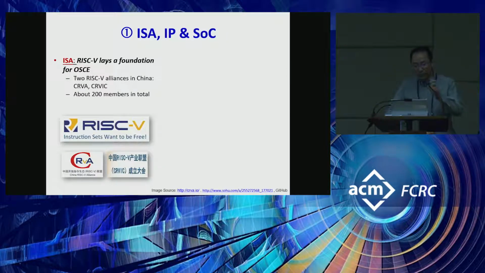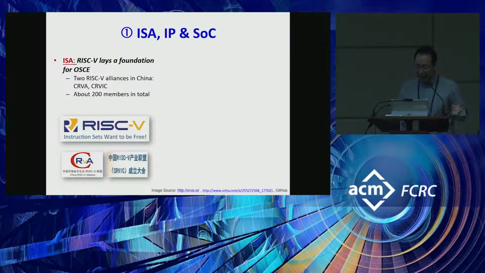First is about the ISA, IPs, and SoCs. We already mentioned that RISC-V lays a foundation for the open source chip ecosystem. In China, there are 2 RISC-V alliances, CRVE and CRVIC, with about 200 members in total already engaged in RISC-V.